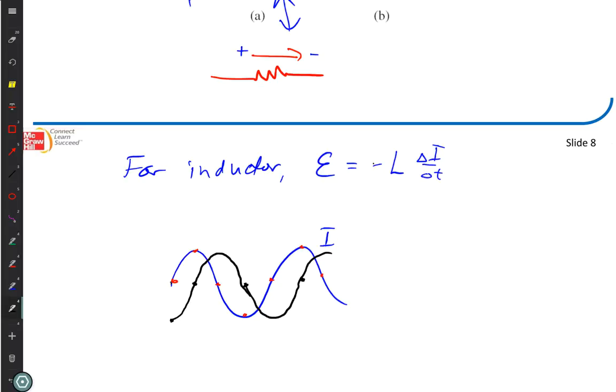Now, if we look at this, we have that offset, and the question is, which one, current or voltage, reaches its peak first? Which one will be the first one to get to its peak?